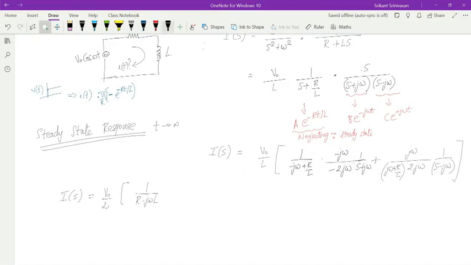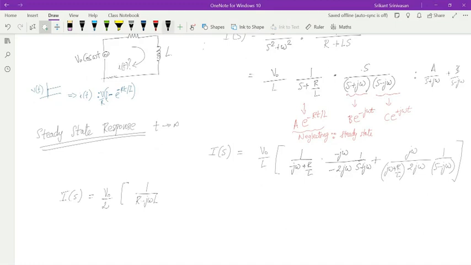I am calculating this as A by S plus j omega plus B by S minus j omega. So when I put S is equal to minus j omega in this expression, what I calculated was the residue. This is only A. I forgot to write this term 1 by S plus j omega. Okay? So that has to be there.